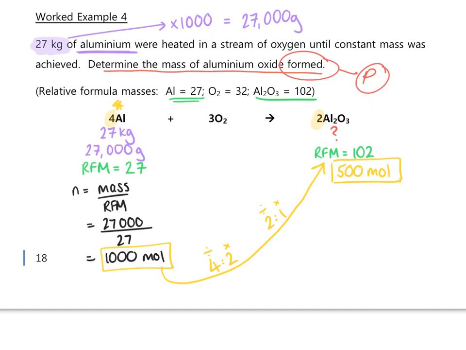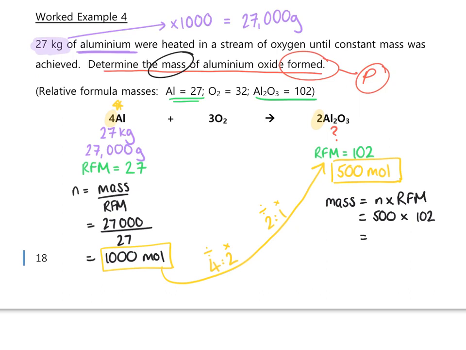So I'm going to produce 500 moles of aluminium oxide. But my question didn't ask me for the number of moles of aluminium oxide formed, it asked for the mass of aluminium oxide formed. So I need to use my equation. Mass equals n times RFM. My number of moles is 500. My RFM is 102.